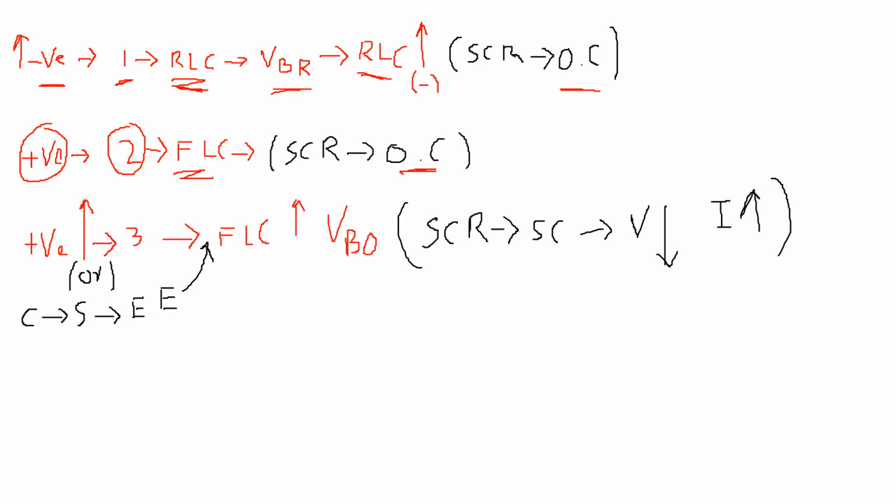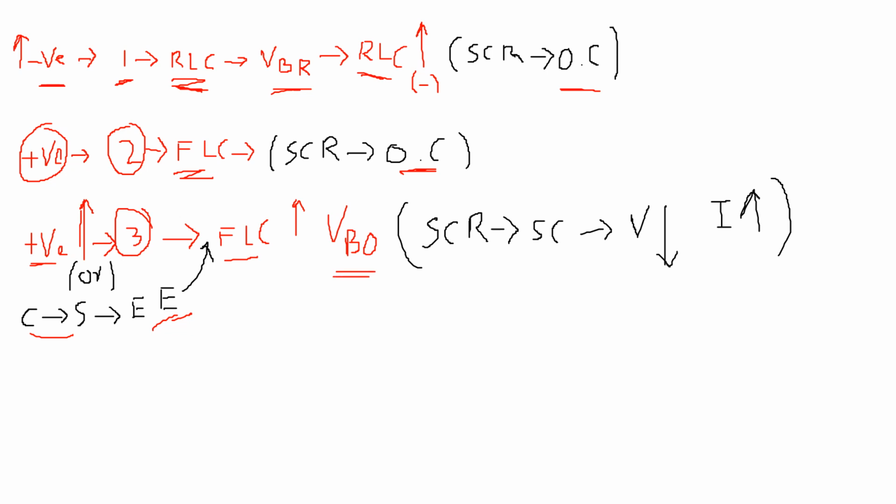Now coming to the third case. In the third case we increase the voltage between anode and cathode, or by keeping this voltage constant, by closing the switch S we inject the charge carriers by using the external voltage source. Due to this we get an increment in forward leakage current at a particular voltage.